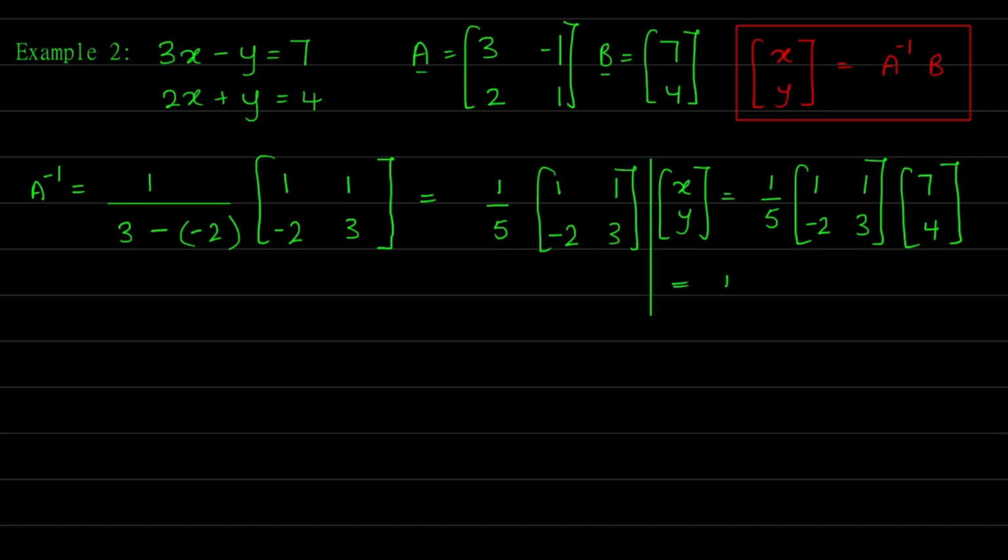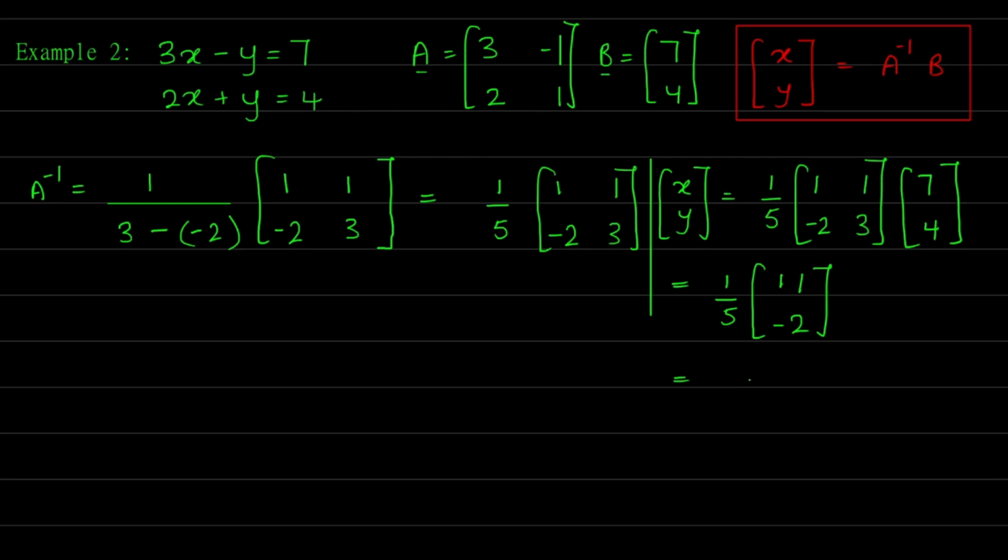And this is equal to 1 over 5 multiplied by this matrix into this, which is basically 1 into 7 plus 1 into 4, which is equal to 7 plus 4, and that's 11, and minus 2 into 7 plus 3 into 4, which is equal to minus 14 plus 12, which is equal to minus 2.